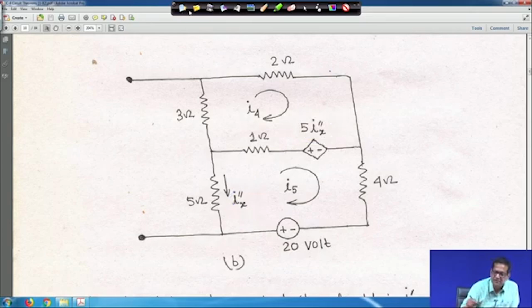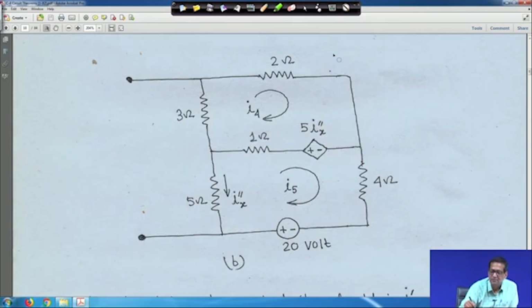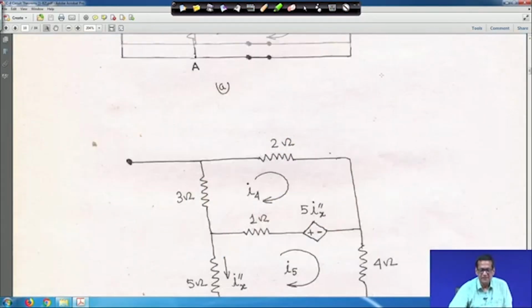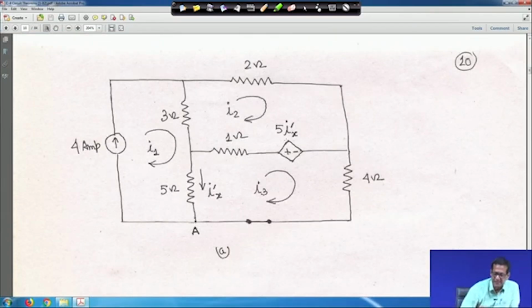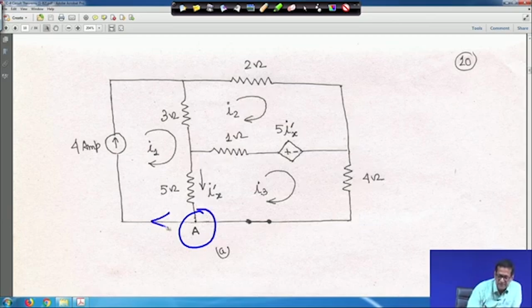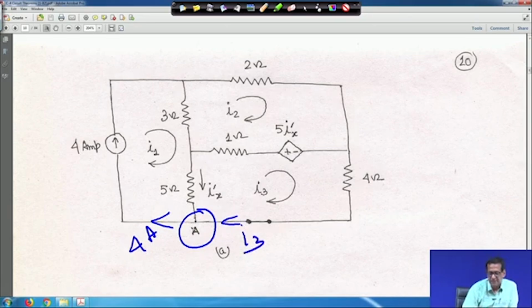So, first you have to solve this circuit. There is a node A. The 4 ampere current is going like this, so this will be 4 ampere, and the I3 current we have taken clockwise. So I3 is also entering the node and Ix dash is also entering the node.